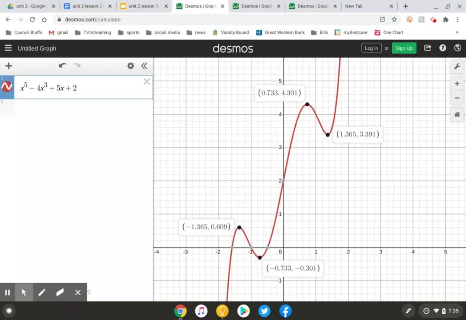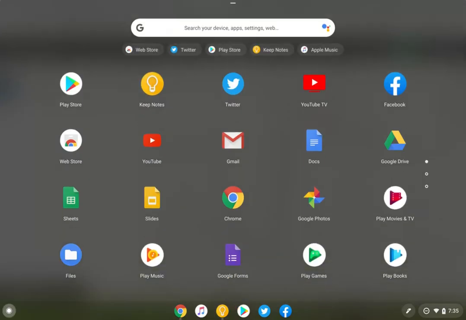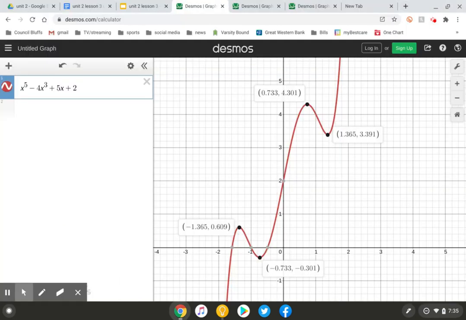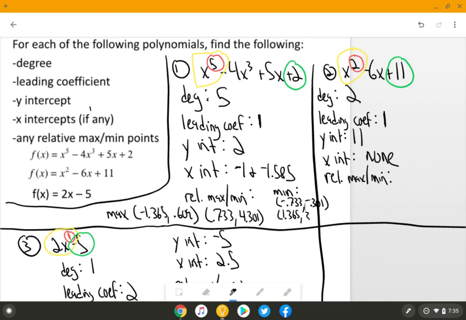And then there's a minimum point up here at 1.365 and 3.391. All right, so I have two in this number one. There are actually two maximum points and two minimum points.